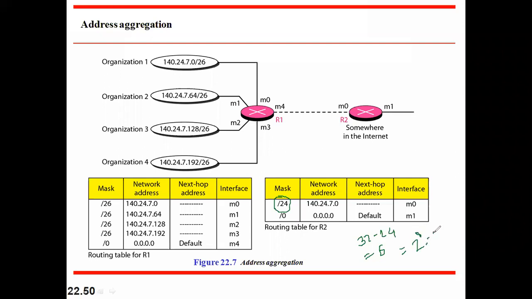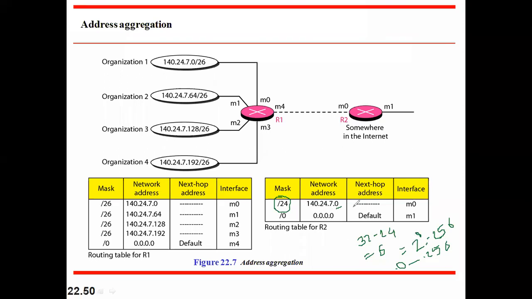What does it mean? There are a total of 256 addresses, starting from 0. So for 140.24.7.0, it is dot 0 to dot 256. Whenever any packet is received by this router, the router will check whether the address is between 0 and 256 or not.